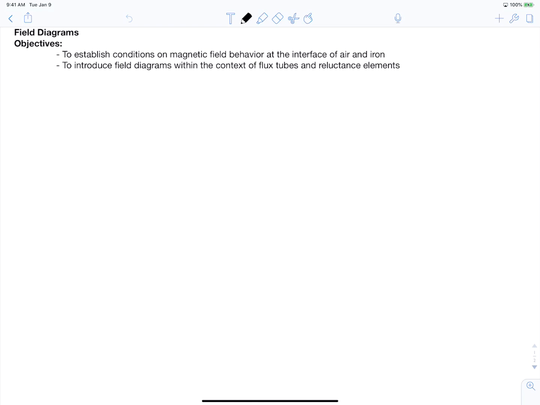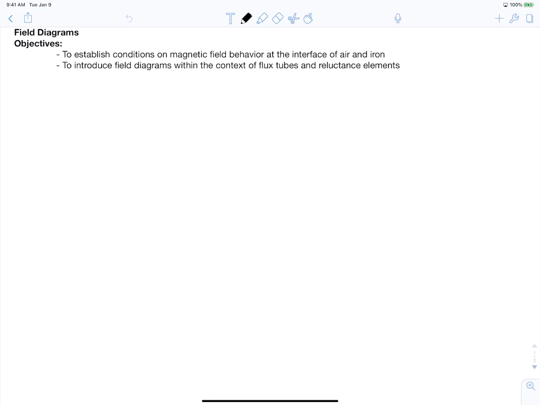We're going to be using it more for gaining physical understanding of our system than for actually making calculations, though you certainly can make calculations. But it provides a way to tie things up and show a uniform view of the way that fields distribute themselves, and it gives us more physical insight into our system.